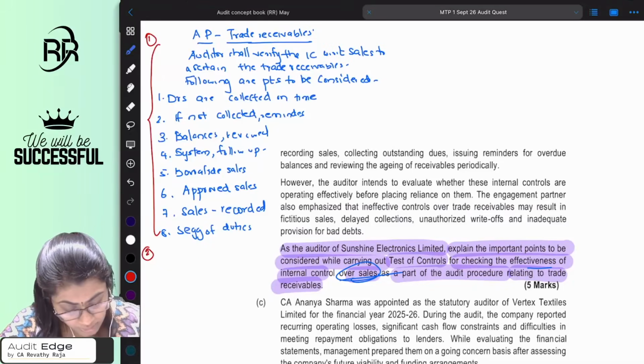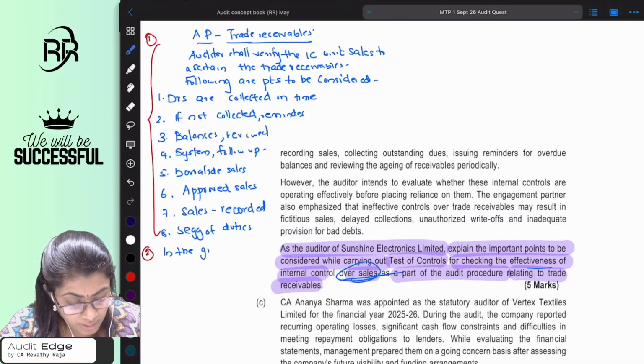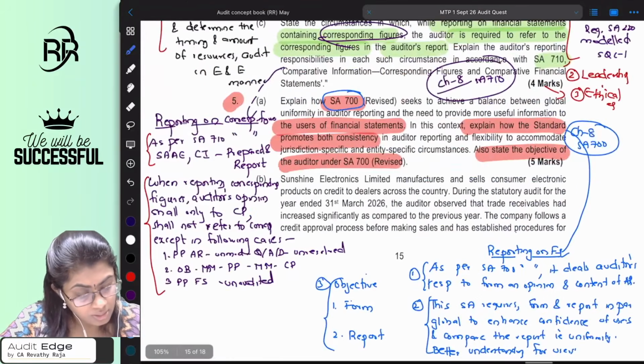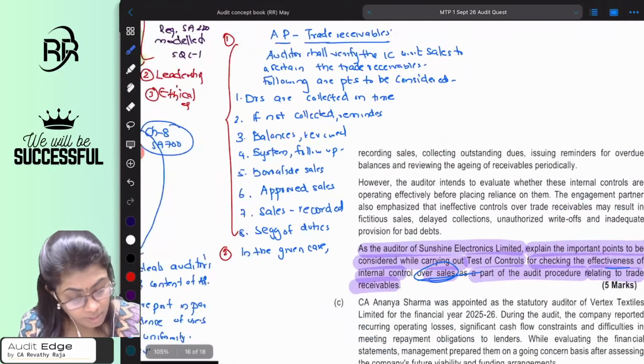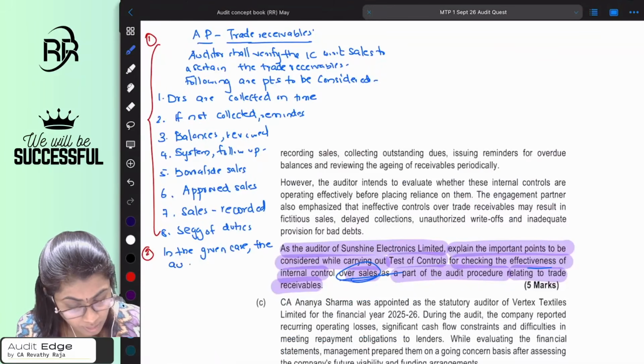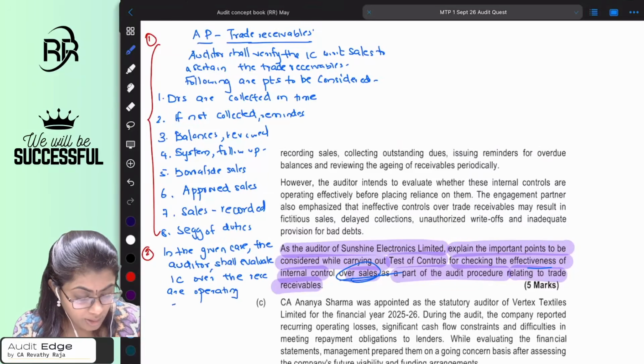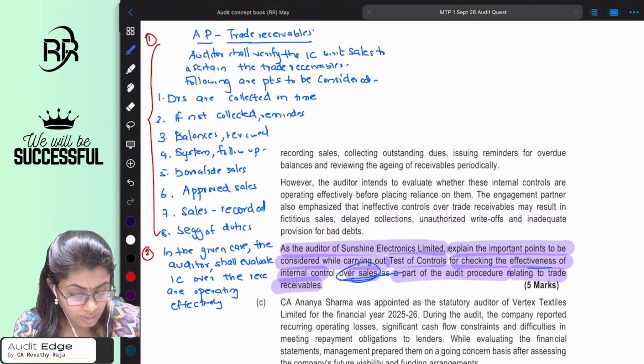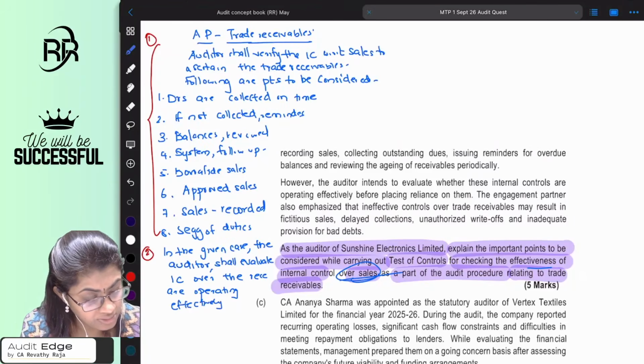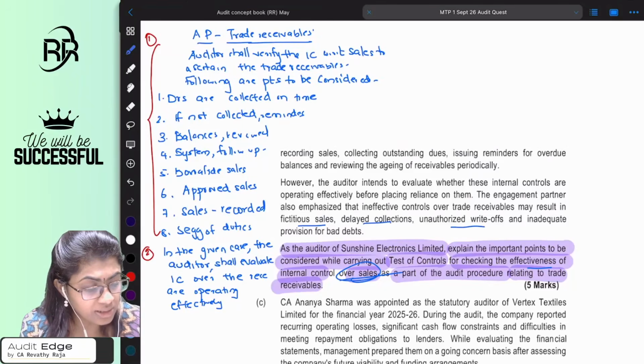Then in the second part, you write in the given case, the auditor of Sunshine Electronics shall evaluate whether internal controls over the trade receivables are operating effectively, so that no fictitious sales, delayed collections, etc.